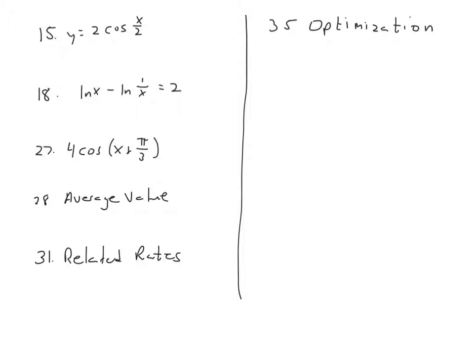Problem number 18 and number 27 are both really pre-calculus questions. In terms of 18, you're using the log properties that we know and love to tie these two together into a single log, and then solving the log equation at that point like we did last year.